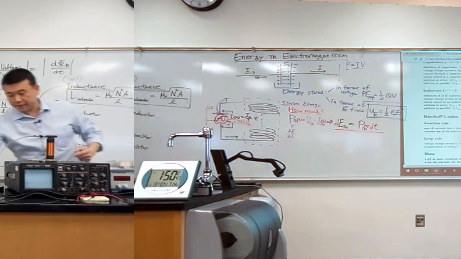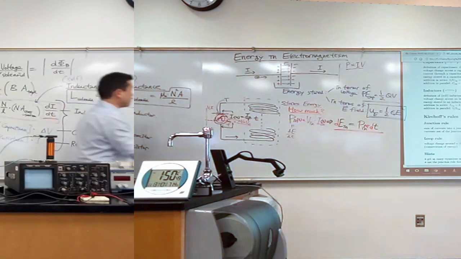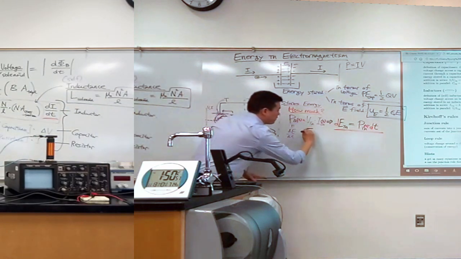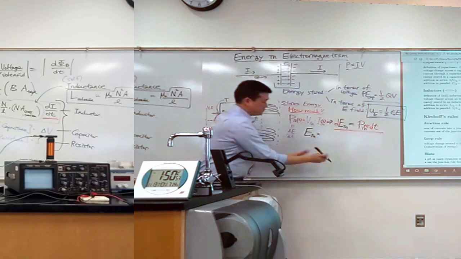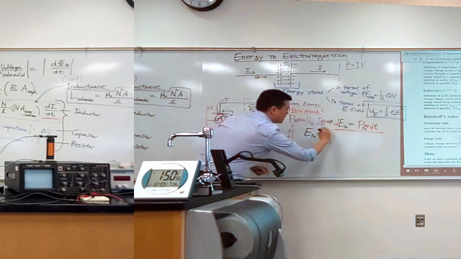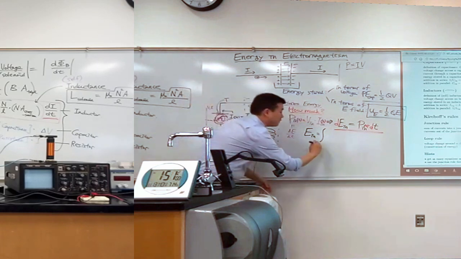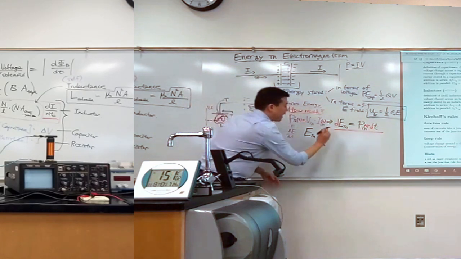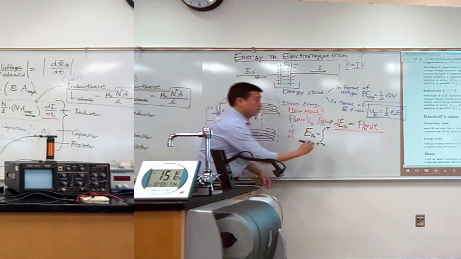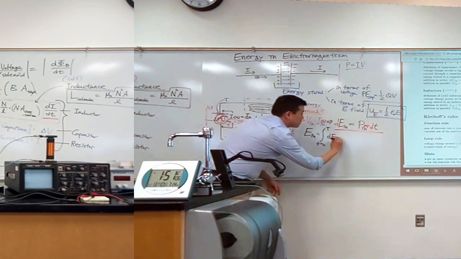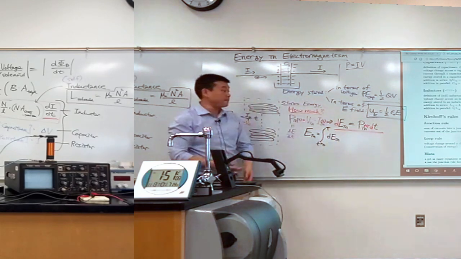Okay, so let me write this down. The total energy in is going to be the integral over the total duration of time, from time equals 0 to the end time capital T, of the little change per each small interval of time.